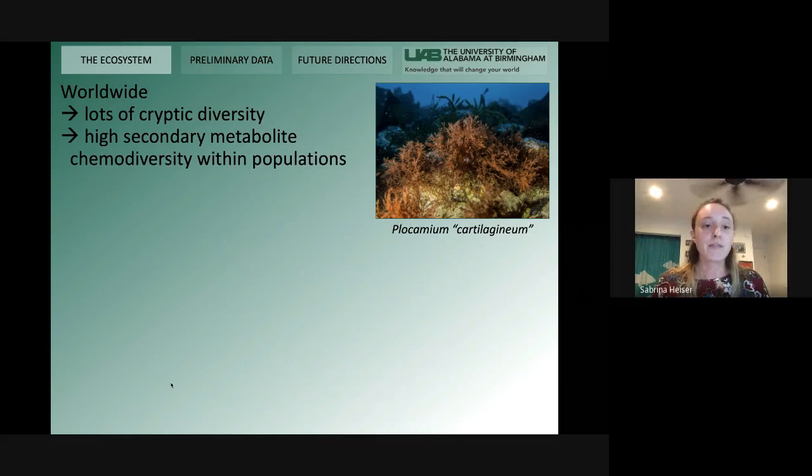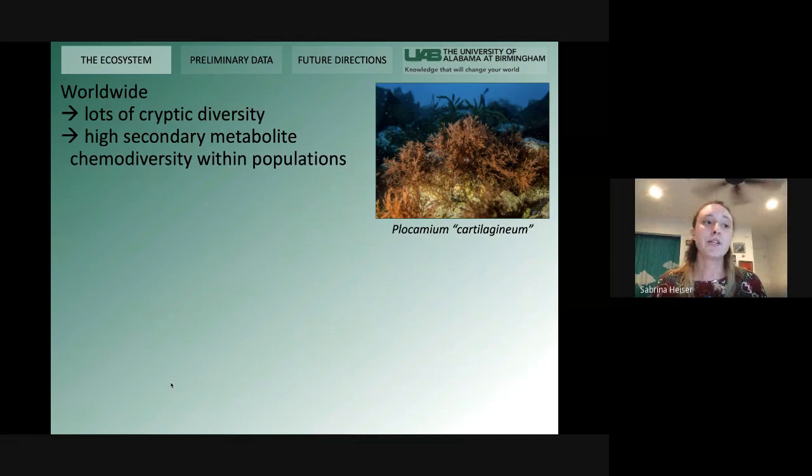We also know that there's a very high secondary metabolite chemodiversity within populations, meaning that different individuals within the same populations are producing different chemical defenses against their grazers. And the question is, what is the evolutionary importance of this chemical diversity? So how is it distributed between populations and what's maintaining it?